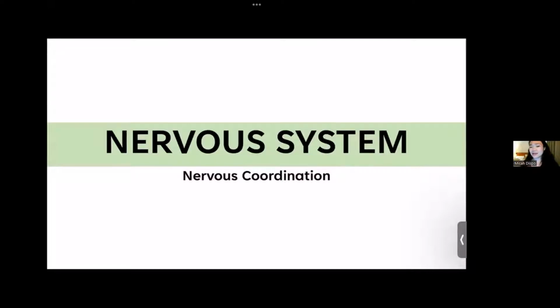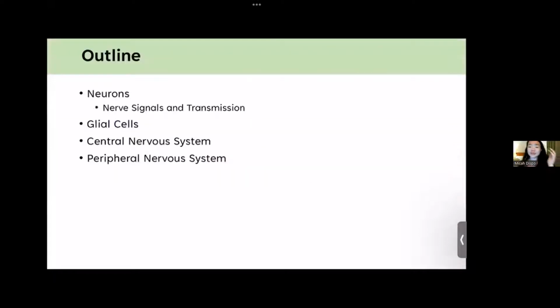So to guide us, allow me to show you the outline for this particular lecture. First, we shall be discussing the fundamental units of our nervous system, which are the neurons or the nerve cells. So much of the structure of these cells have already been discussed during your histology lecture, so I will no longer be dwelling on these.